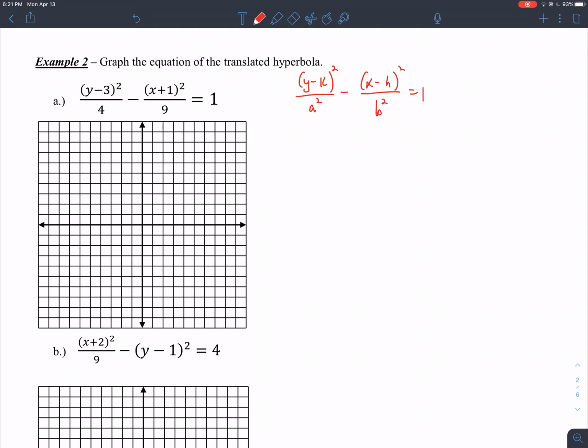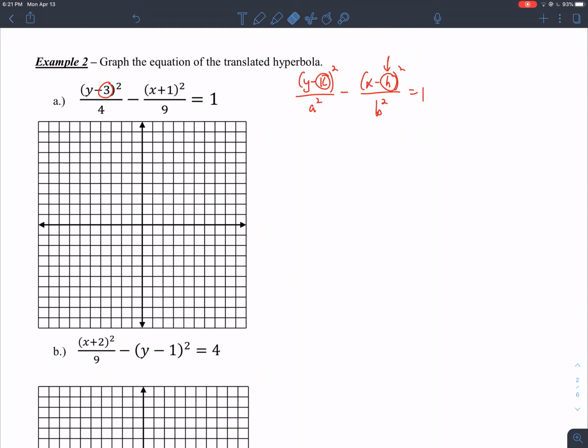Remember, y goes with k. Then if we have this, we can see 3 is in place of k here, and negative 1 is in place of h, because to get x plus 1 over here by substituting a number into this equation, I need to substitute negative 1 in there.